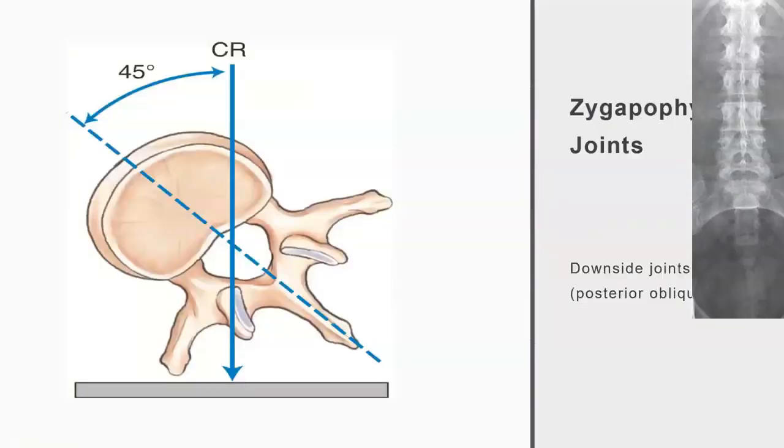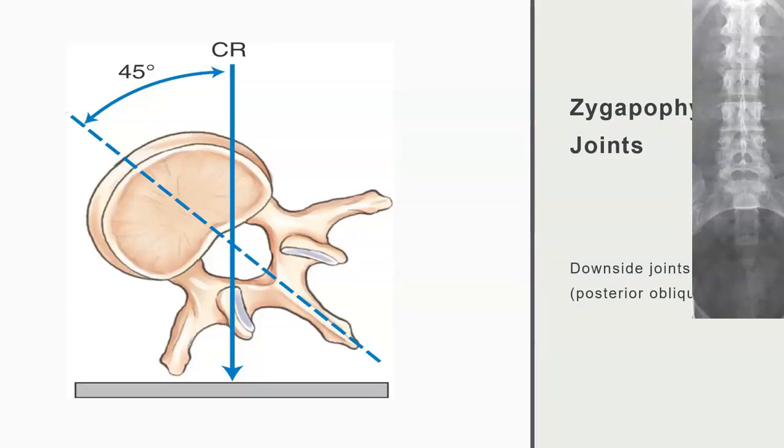So, as stated, the amount of rotation could be anywhere between 30 and 60 degrees, but for an oblique lumbar, we go 45 degrees. In an LPO or an RPO, we are looking at the zygapophyseals that are closest to the IR.